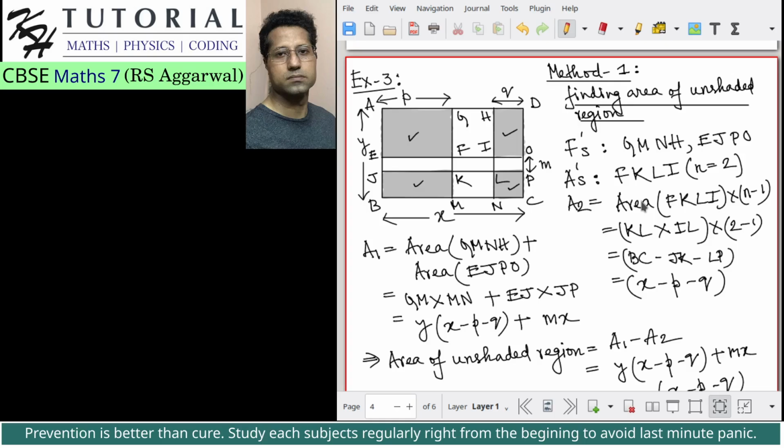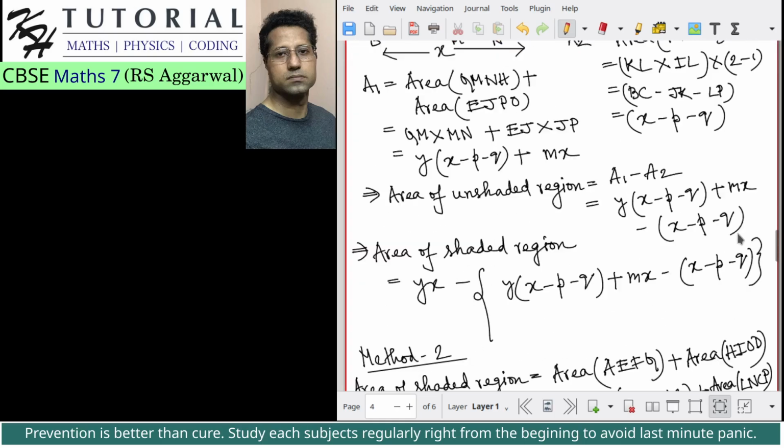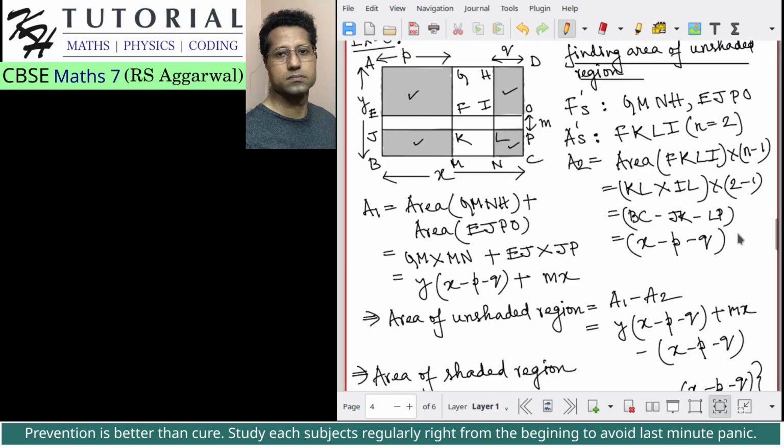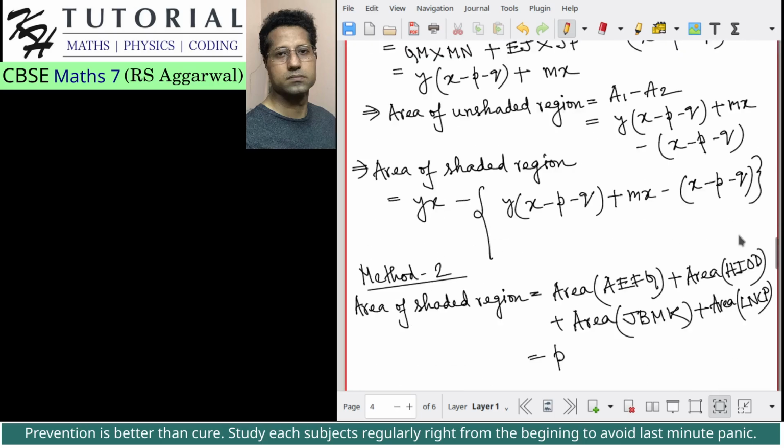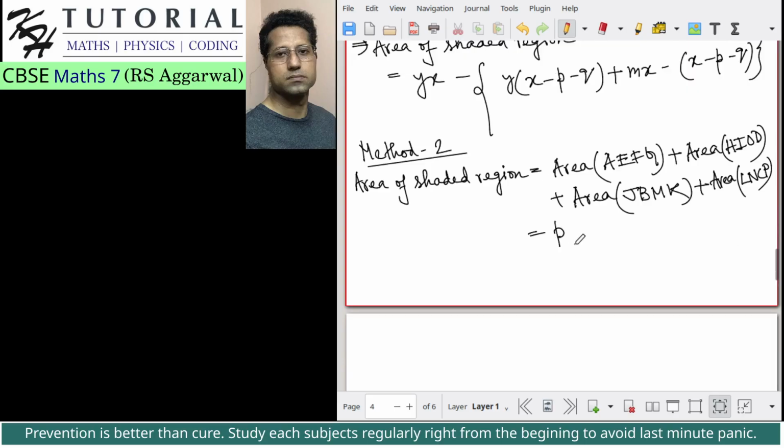I have no information from the dimensions of Y and M, so I cannot find the length of GF. Okay, let me see what it comes out.